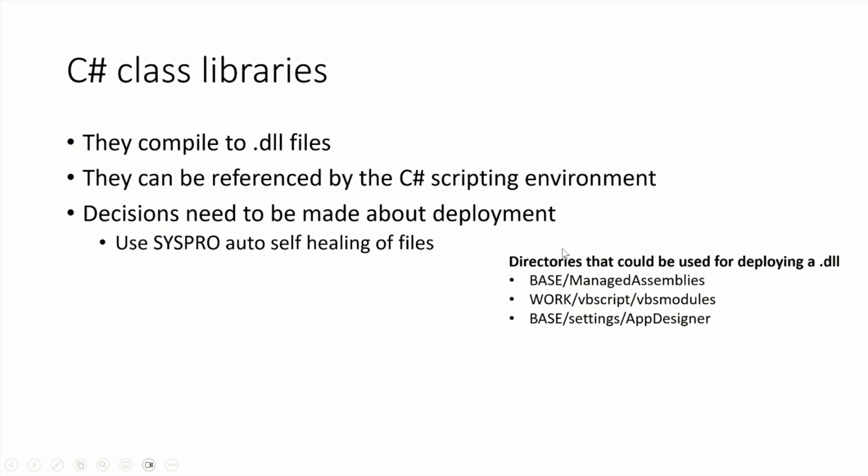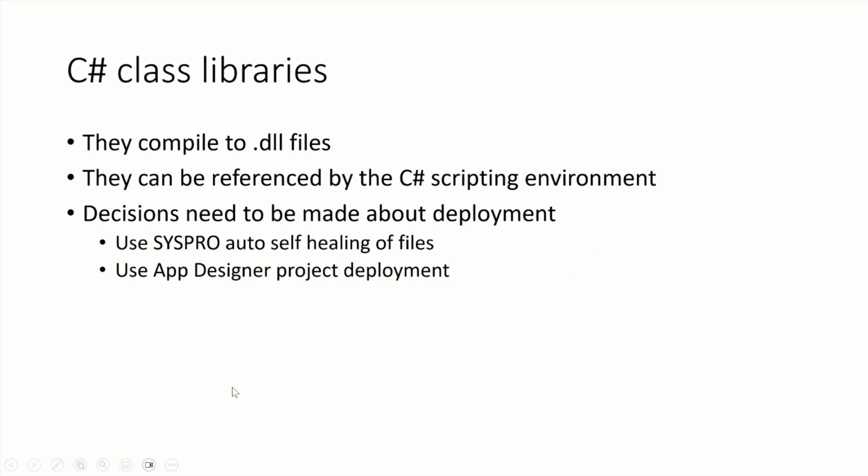So if you put a DLL in base managed assemblies, which is actually quite a good place to put them, and that's what we'll be using, then they will get self-healed to the server, and then from the server out to other clients. You could put them into work VBScript VBS modules. It's a little bit counterintuitive to put C# into something called VBS modules, but there we go. And then base settings app designer is also another directory that self-heals itself, and you may decide to store them in there.